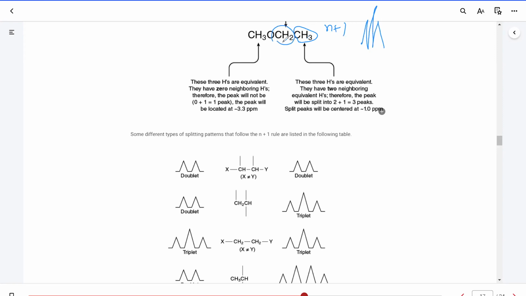For the CH2, on this side there is no hydrogen, but on the right side we have three hydrogens. So for this, we will get a quartet. And for this one, there is no carbon adjacent to it. It is n+1, where n is the number of hydrogens on the adjacent carbon. There is no adjacent carbon, so n is 0 plus 1. So we are going to get a singlet. So this would be a singlet, a quartet, and a triplet.